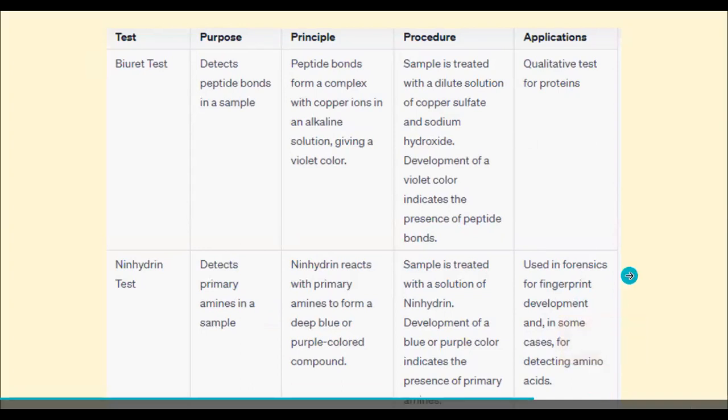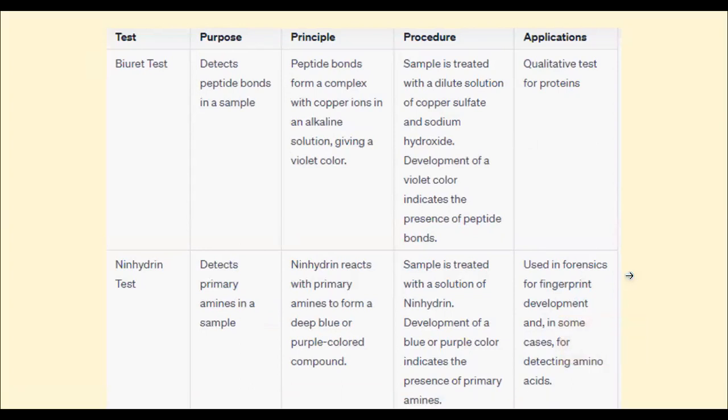For example, when you go to a crime scene, if there is a hair or any part of a human body or an animal, the tissue will contain these amines. That is why it is used in forensic science for fingerprint development, and also for detecting amino acids.